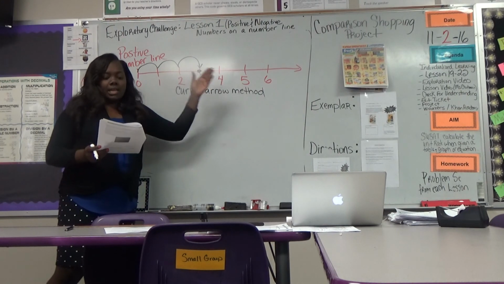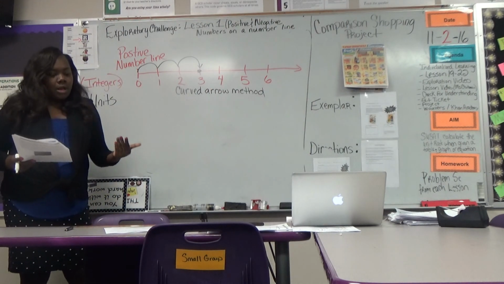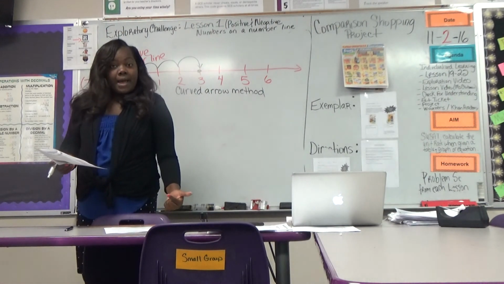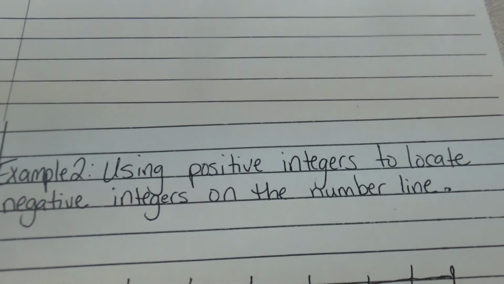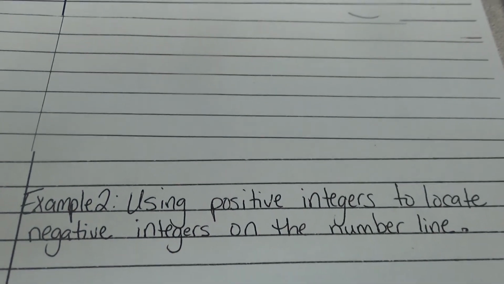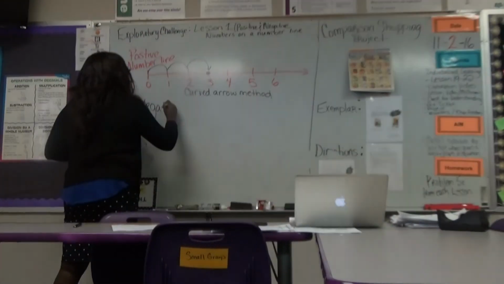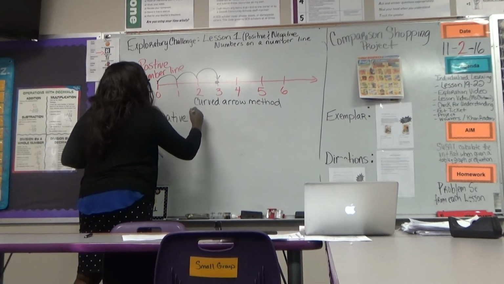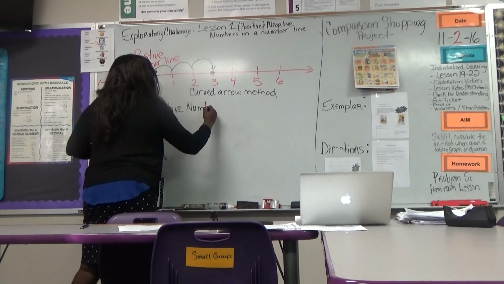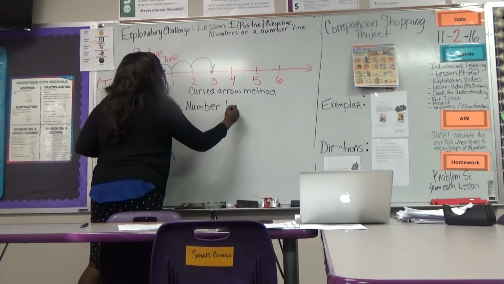They get larger. So now, go down to example 2 on your paper. Locate example 2. Example 2 talks about a negative number line. Caleb, what would a negative number line contain?